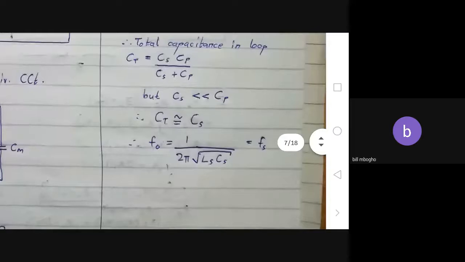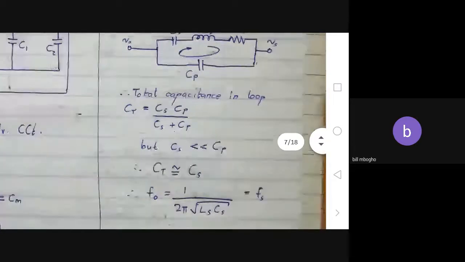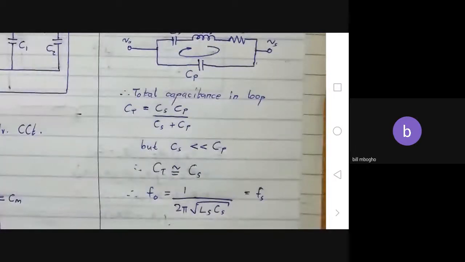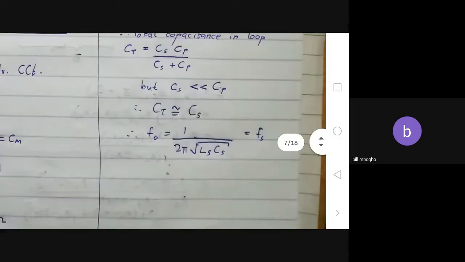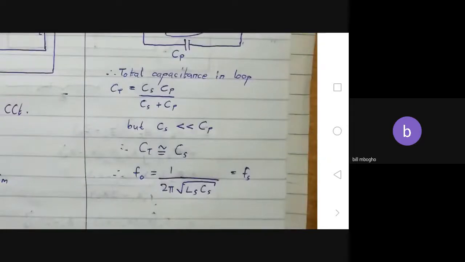So CS will be a lot less than CP as well. So you can say that CT will be roughly equal to CS, because it's the series. So you'll find that the resonant frequency is equal to the Fs from this circuit.